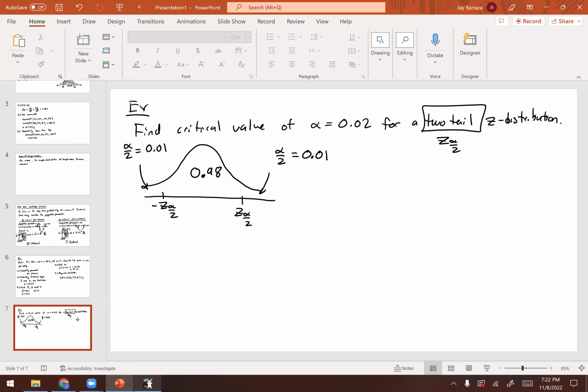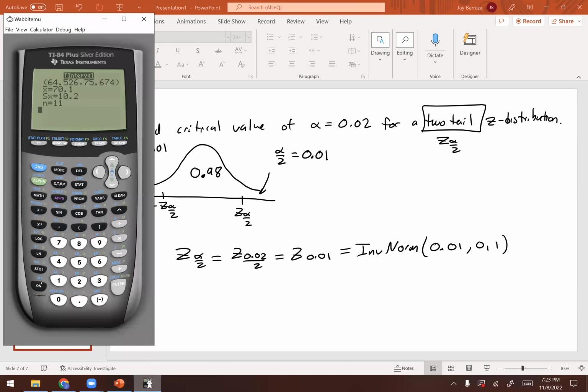So then Z alpha over 2 is equal to Z of 0.02 divided by 2, which is Z of 0.01, which is equal to inverse norm of 0.01, comma 0, comma 1. That's how you actually calculate the critical value.